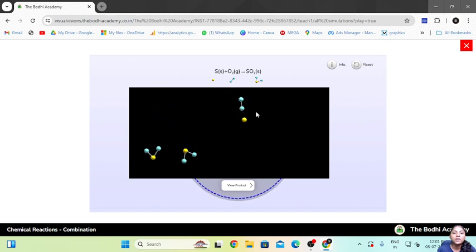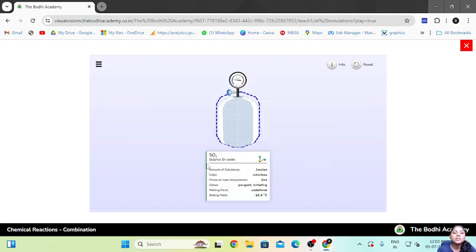Now these two will react, combine, and form sulfur dioxide like this. So this yellow one is the sulfur, and these two are the oxygen molecules. Combine. Okay, see, now it has combined. So our product is sulfur dioxide. It is colorless. At room temperature it is in gaseous state, and it has a pungent or irritating odor.